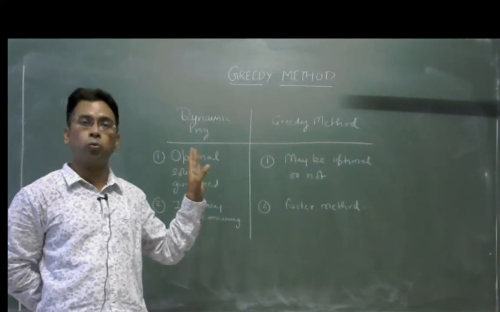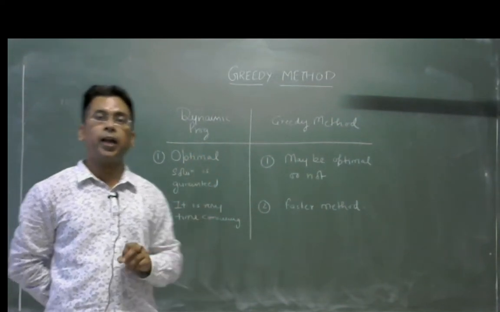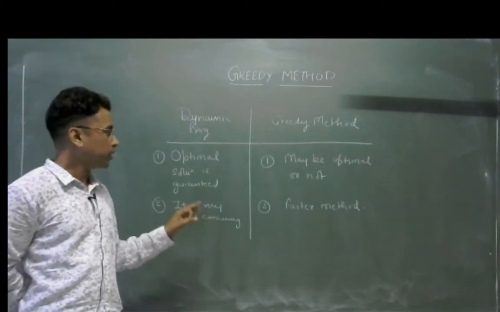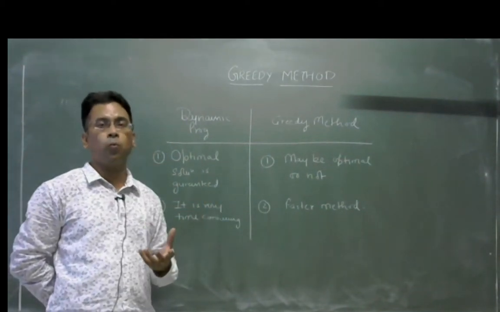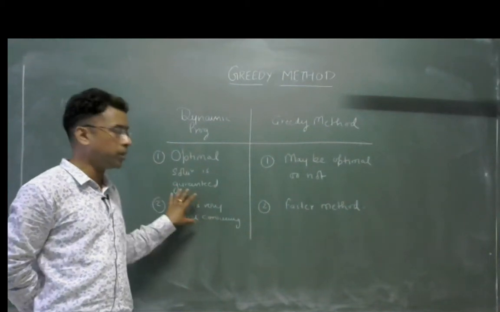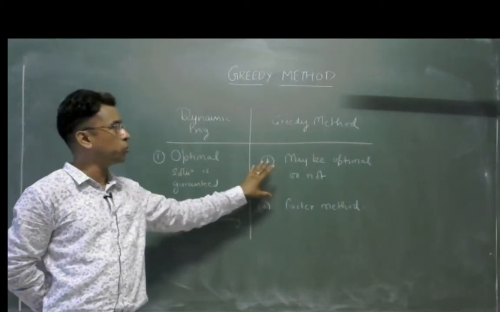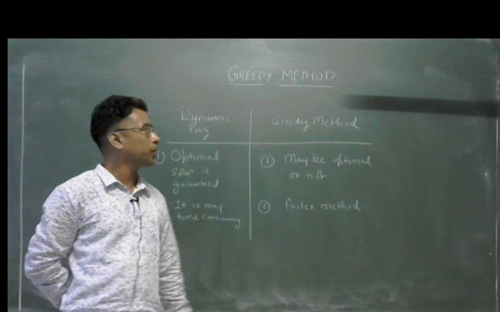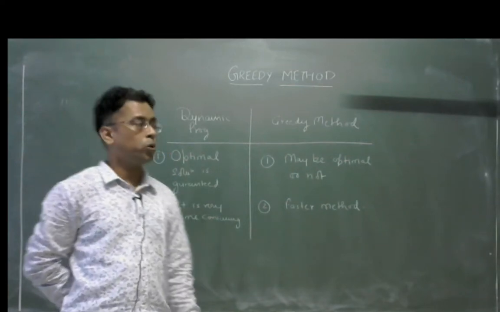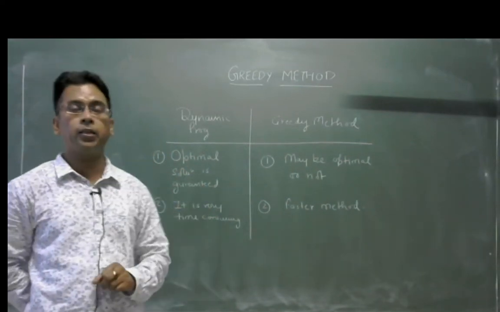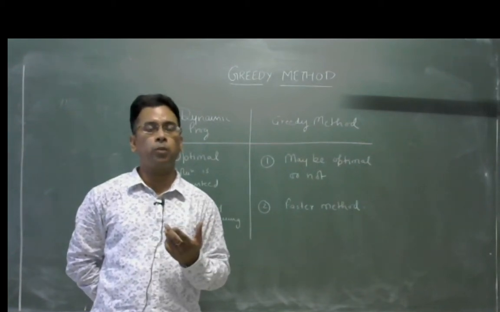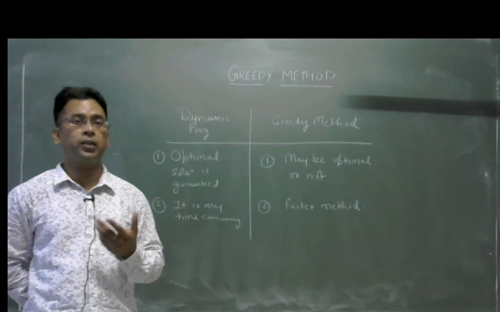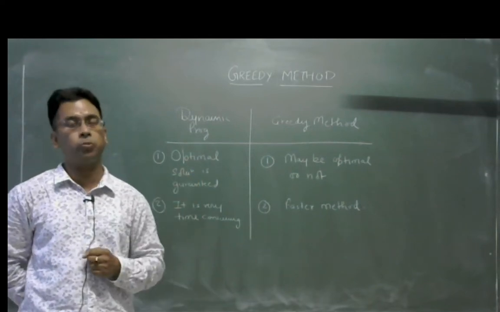Each one has its own advantage and disadvantage, and because of its robustness, dynamic programming is most widely used. It is much more popular, but there are situations in which you go for the greedy method. So here I shall discuss the greedy method to give you detail about it. One of the most common problems with the greedy approach, so that you can understand the idea, is the activity selection problem.